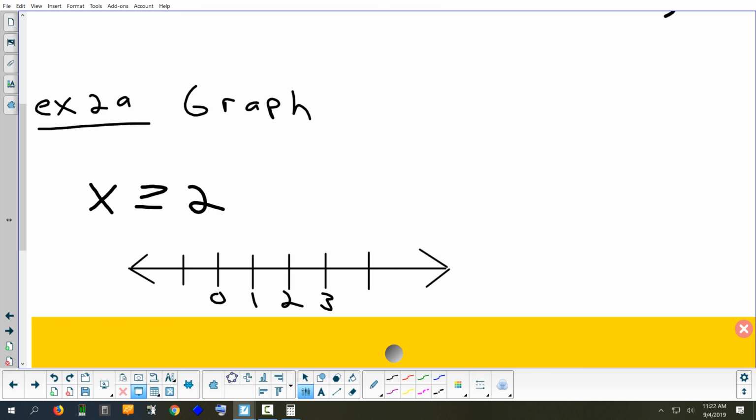Brianna, what kind of circle would I need on 2? Open or closed? Closed. We've got the extra line underneath. Take the extra step, fill in the circle. Now we want to shade all numbers that are greater than or equal to 2. So which way am I going to shade? Well, Brennan?